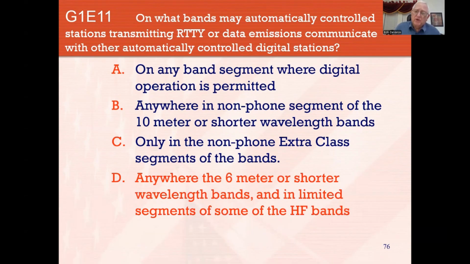And this has to do somewhat with the frequencies. Anywhere in the 6 meter or shorter wavelength bands, and limited segments of the HF bands, that's the 60 meter band that we're talking about there specifically. But at any rate, when we get in the higher frequencies, we're allowed a lot more latitude in the control. That's the objective behind that.